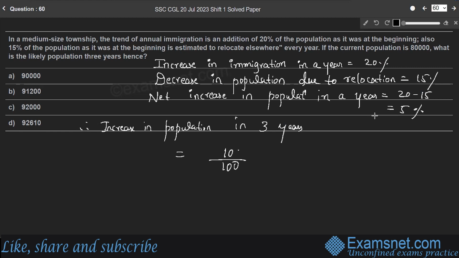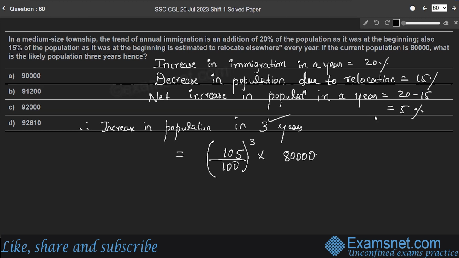Therefore, for 100 people, the population becomes 105 every year, right? Therefore, for 80,000 people, what is the increase in population every year? So we are talking about increase in population in 3 years. So raise the power to 3 because time period is 3 here. Here 3 represents period, right?